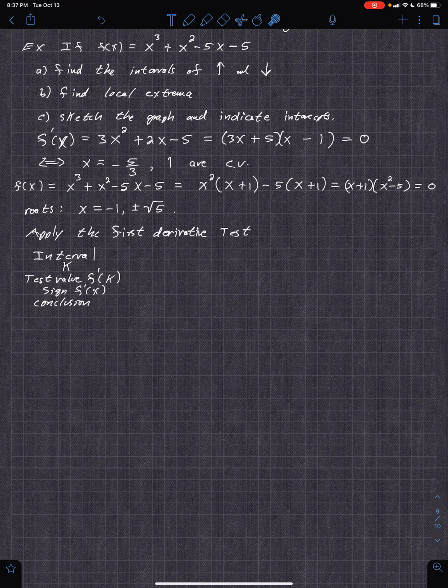So our intervals are negative infinity to negative 5/3. Next interval, negative 5/3 to 1. Next interval is 1 and then approaching infinity. Okay, and then we like to put a little chart around this, or box of some sort.